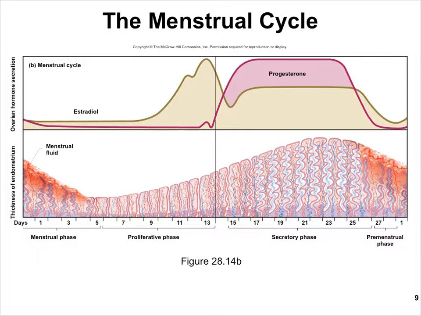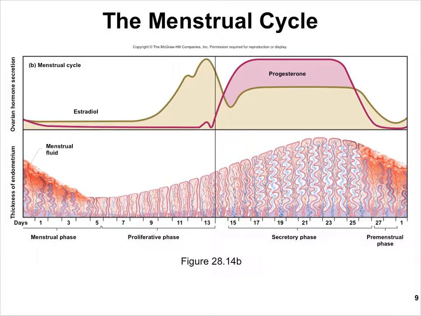The drop in progesterone triggers spasmodic contractions in the myometrium, basically in the uterus, as well as in lots of other muscles surrounding that area.